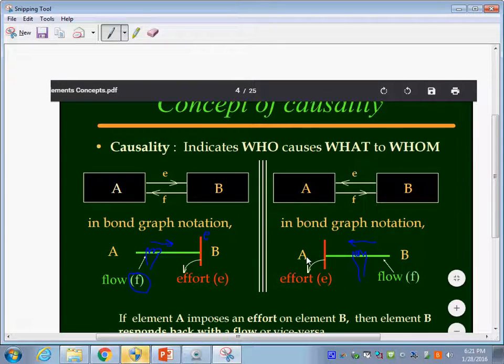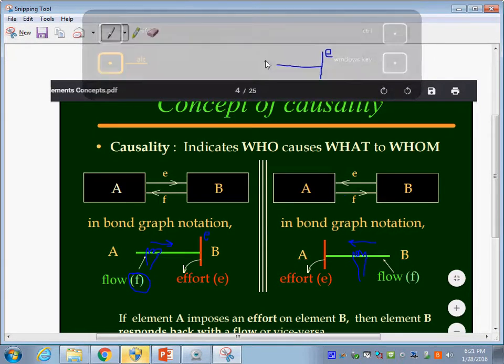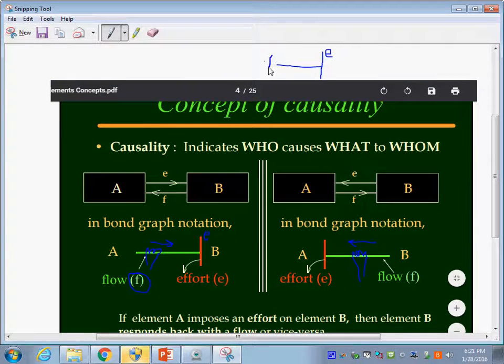And the response of A is represented by the green bar. So if you read the bond graph like this, you're always going to read the effort variable here, and you're always going to read the flow variable over here.